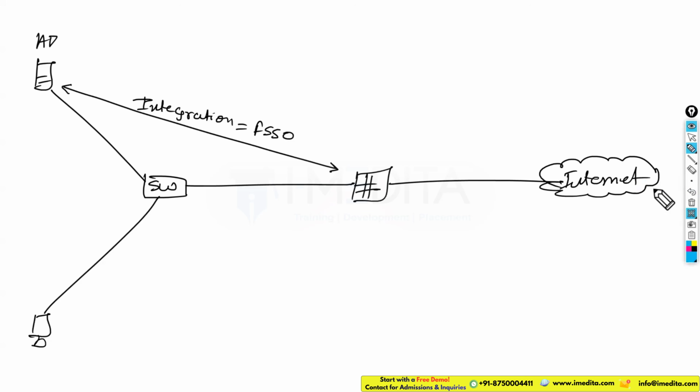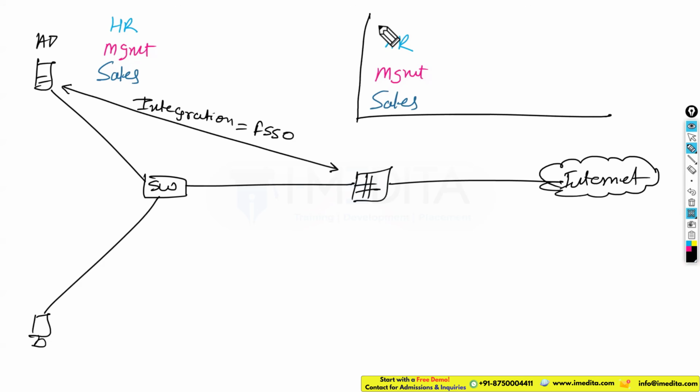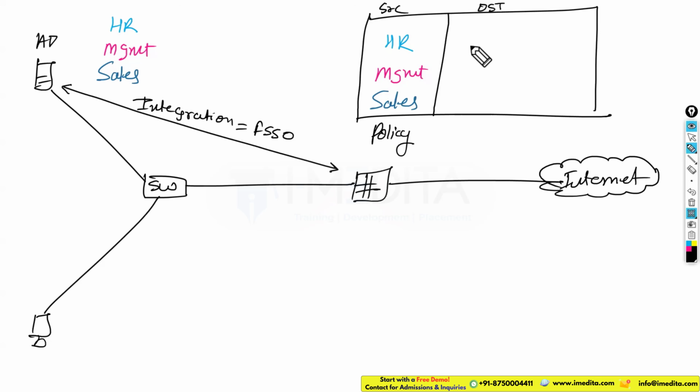Advantage: suppose at AD we have an HR group that will be synced with the firewall. We have a management group that will sync with the firewall. We have a sales group that will sync with the firewall. Now on the firewall, we will configure a policy. If these groups are the source and the destination is the internet, what to do?